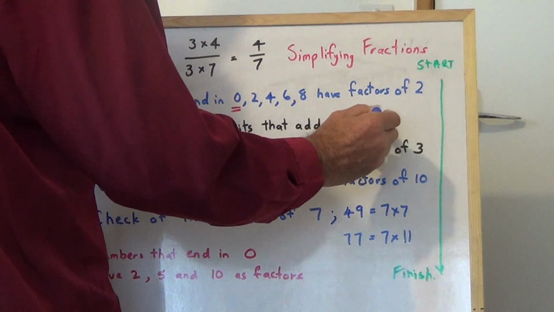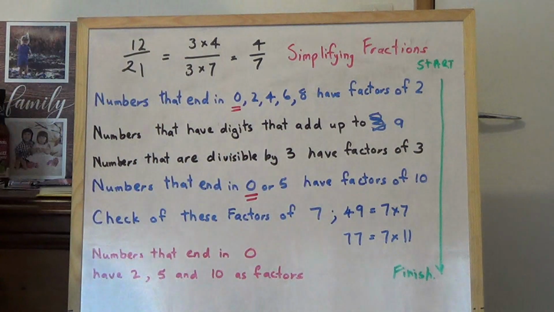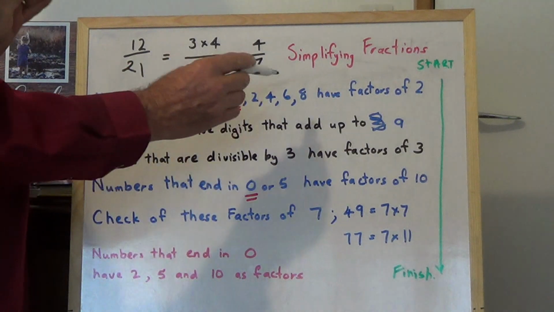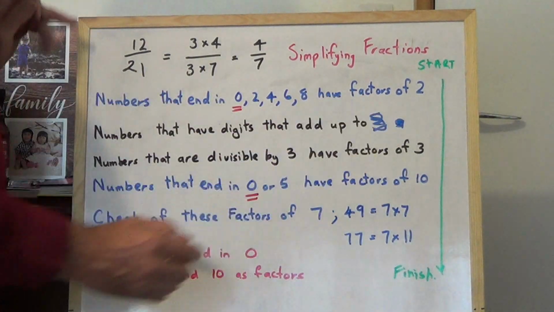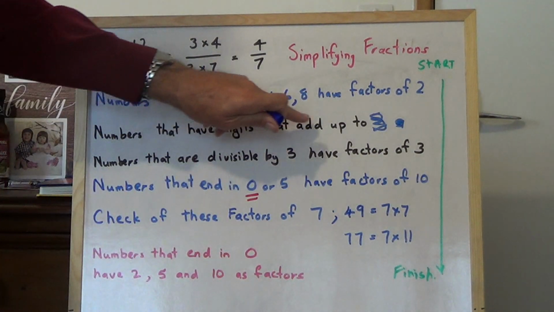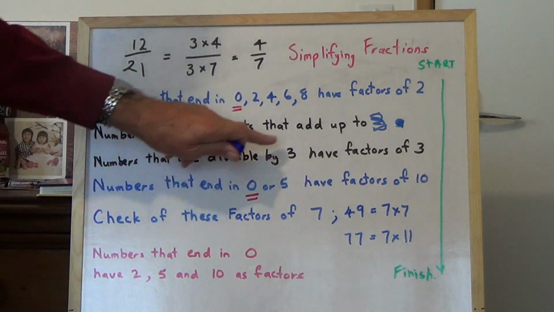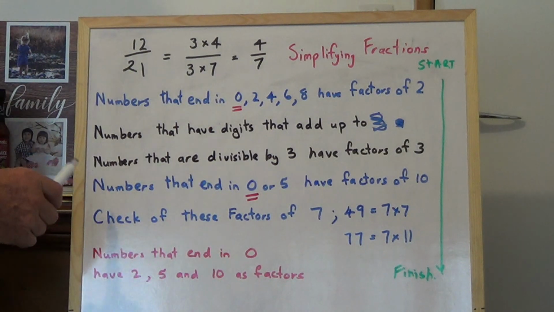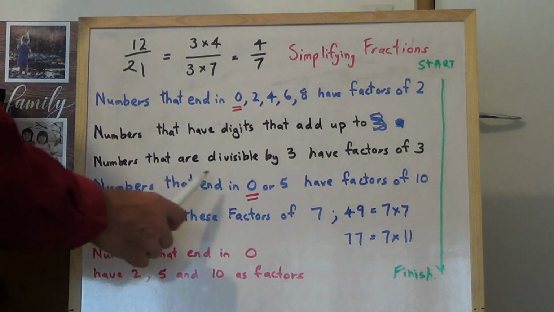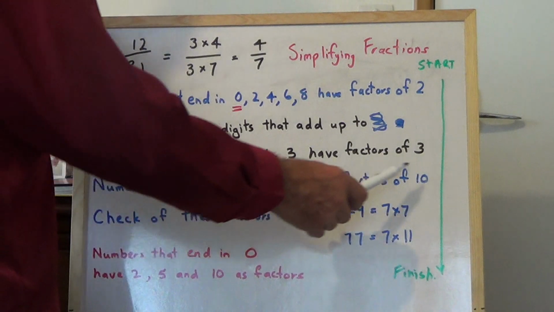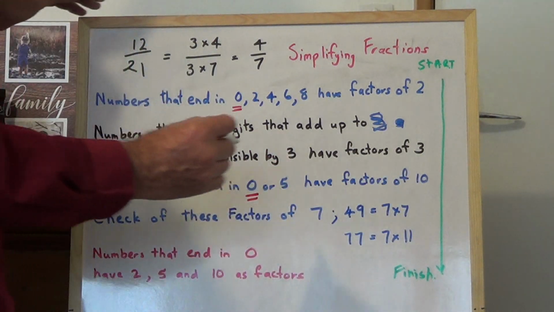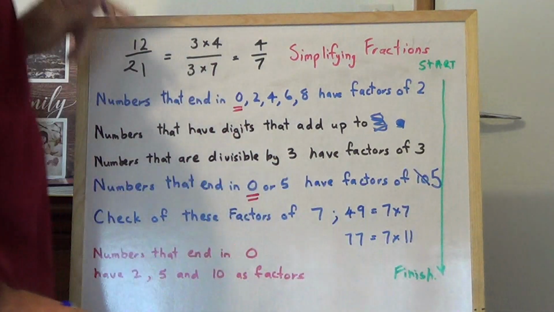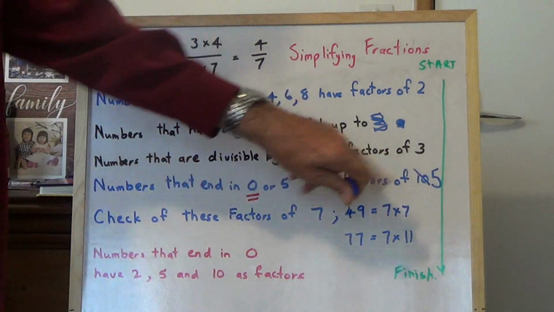Numbers that have digits that add up to numbers that are divisible by 3 have factors of 3. Next one. Numbers that end in 0 or 5 have factors of 5.